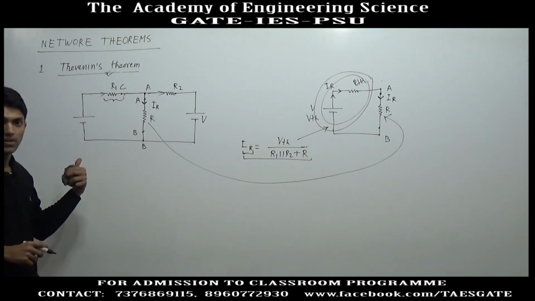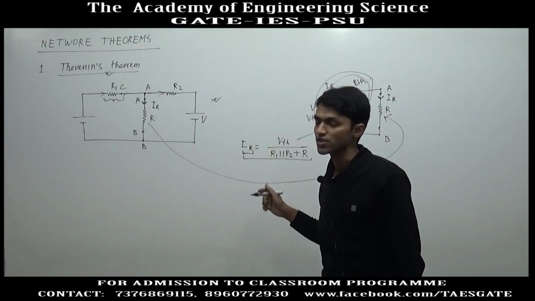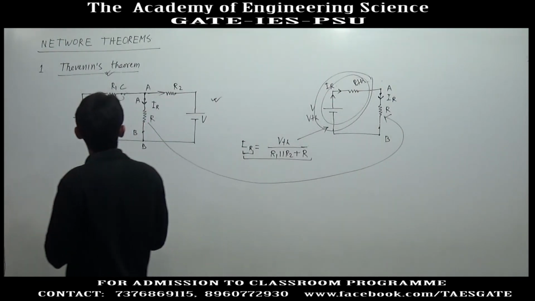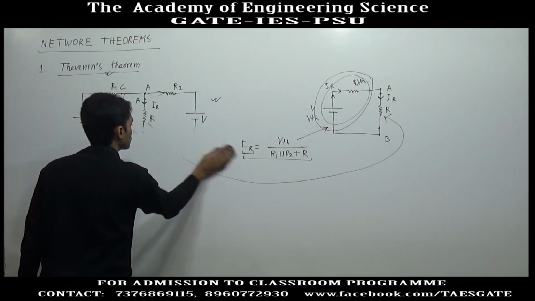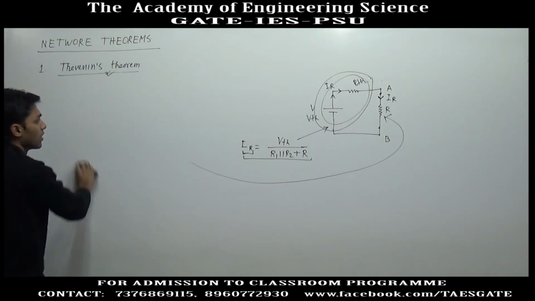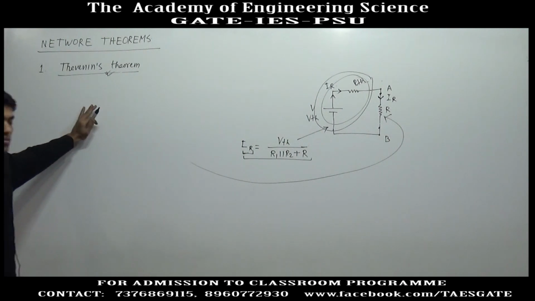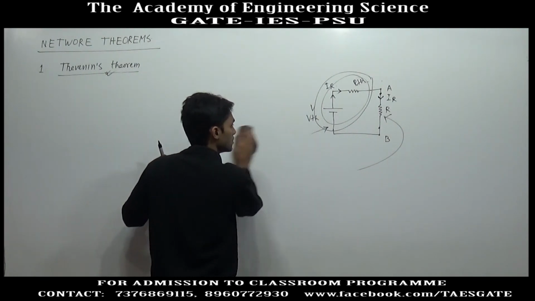We will take a similar example. This type of example I will take in source transformation also. I am taking the same example with a numerical value, maybe that will be more illustrative.